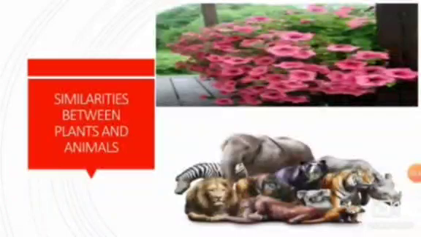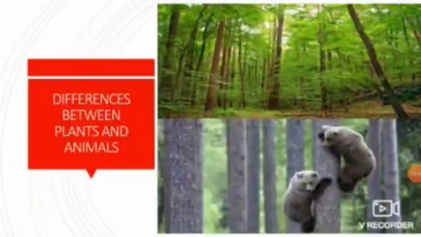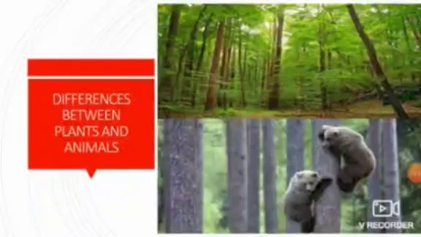Now let us see what the differences between plants and animals are. Generally, plants are green in color. If you see animals, they are of different colors. Plants make their own food. They don't depend on others for their food. But animals depend on plants and also some other animals for their food.